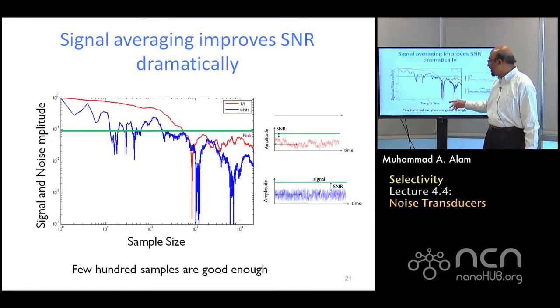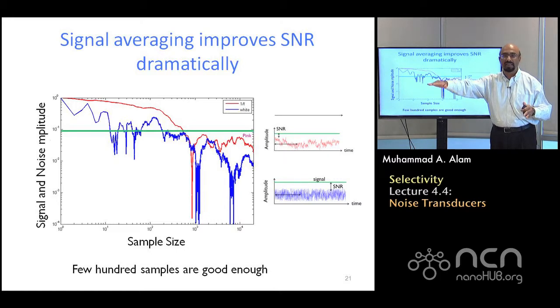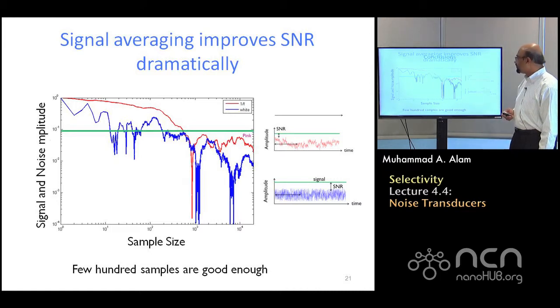But if you do, let's say a couple of 1,000 samples, sampled at a kilohertz range for a signal that is changing on a second length scale, in that case, you can see even if the signal was buried inside the noise, you can have a proper signal to noise ratio and faithful detection of the signal itself.